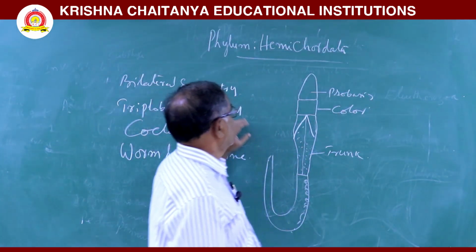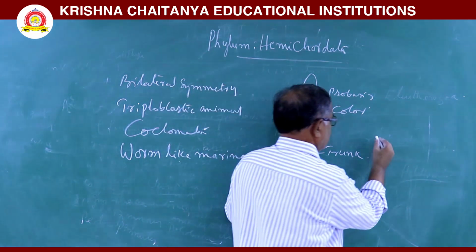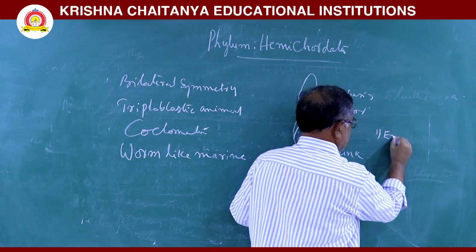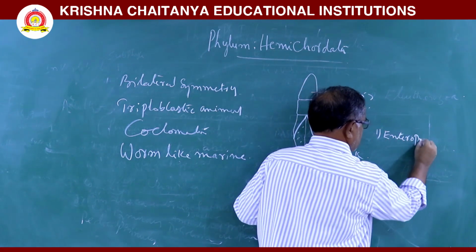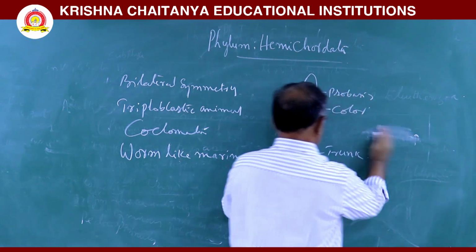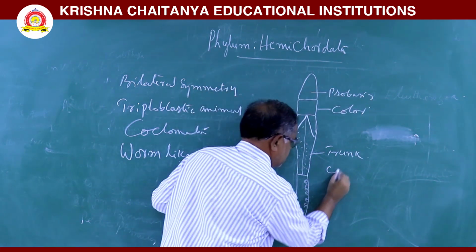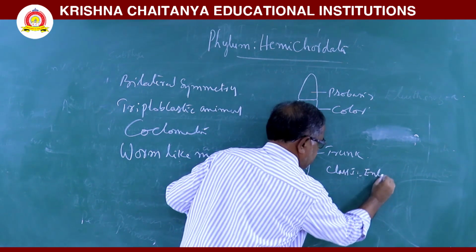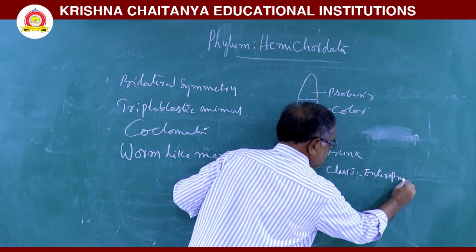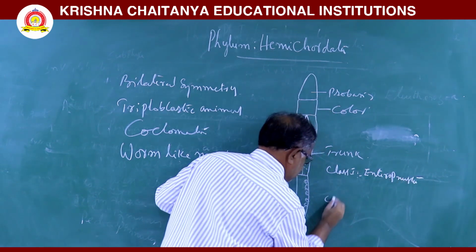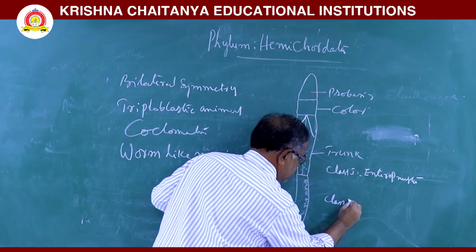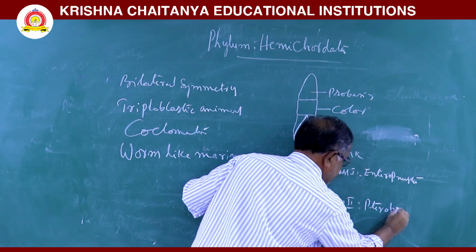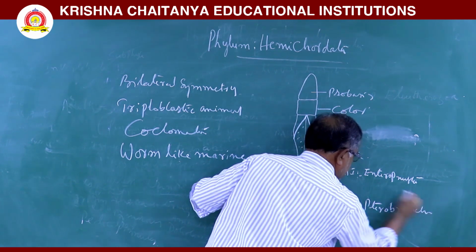Further, this Hemichordata is classified into two classes. One is Enteropneusta. Class 1, Enteropneusta. The second class is Pterobranchia.